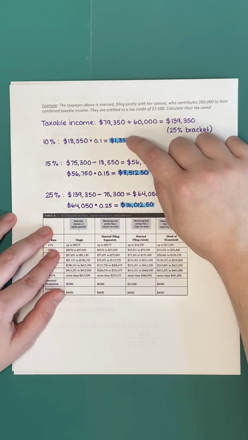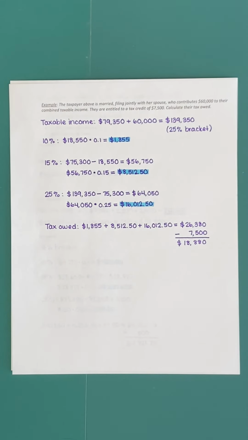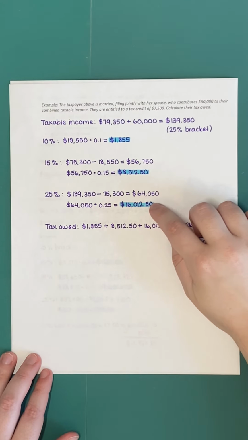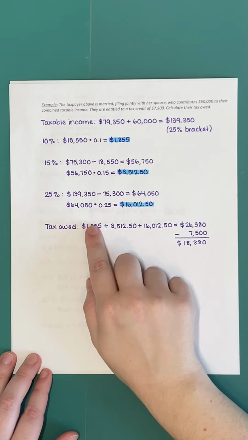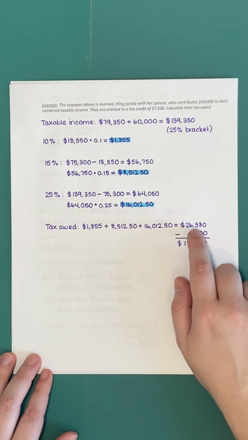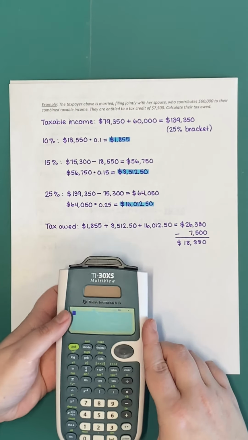So each of the values we get once we multiply by a tax rate is considered a portion of the tax bill. So our actual tax owed is just going to be the sum of all three of those individual taxed amounts. So we take that sum, and then that is going to be the actual tax owed. So let's verify that in the calculator.